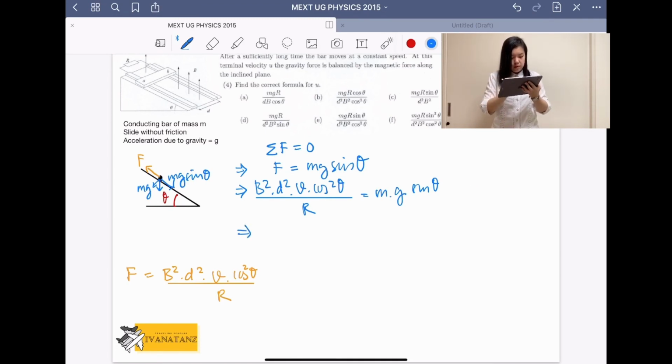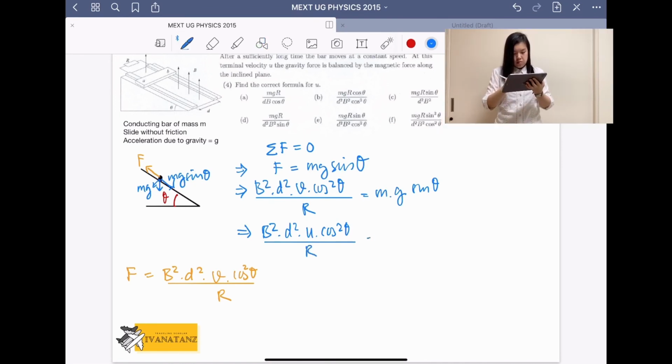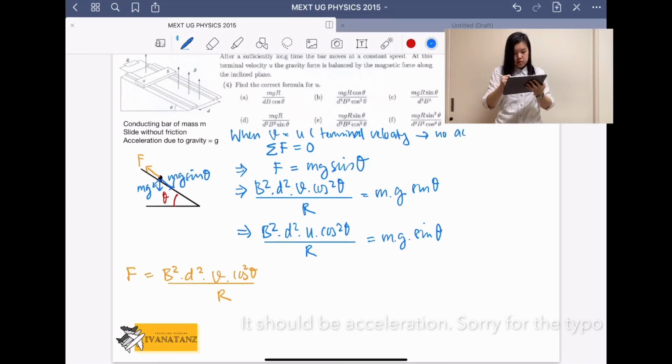So let's put in the u into the v. When v equals u, terminal velocity, no acceleration, which is why sigma F is 0.